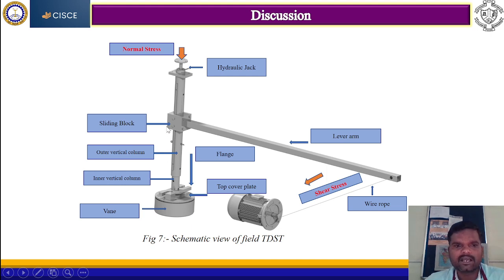With the help of a lever arm, wire rope and a PMDC motor, we apply the torsion, or torque, or twisting moment to the soil. The PMDC motor which we use has a constant strain rate, which is lower than that of the laboratory direct shear test. From this we try to find the shear strength parameters of soil.